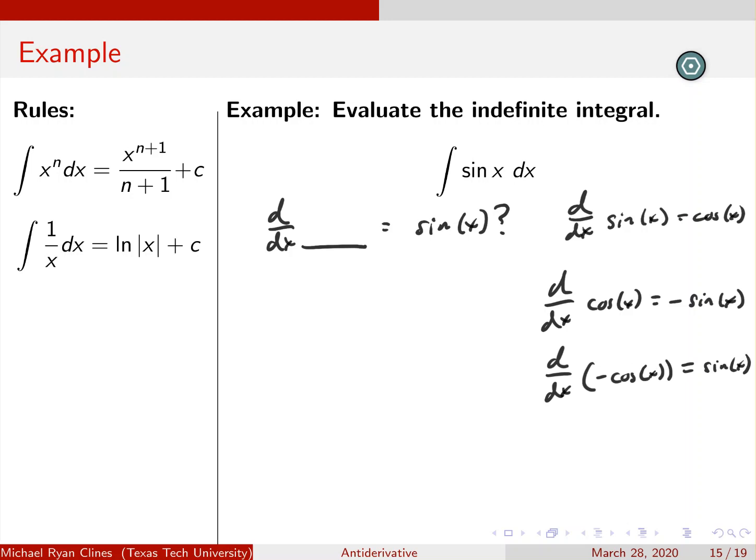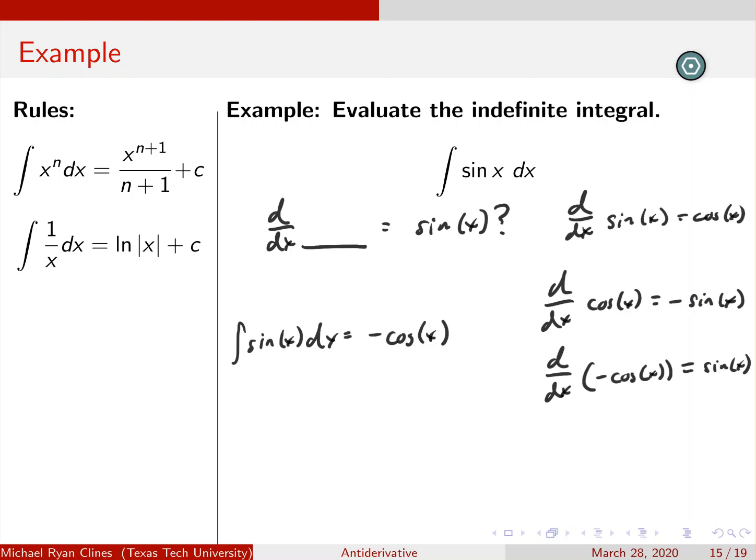So the derivative of negative cosine of x is equal to sine of x, which tells us that negative cosine x is the antiderivative of sine of x, which is exactly what this is asking us to find. So we conclude that the integral of sine of x dx is equal to negative cosine of x.